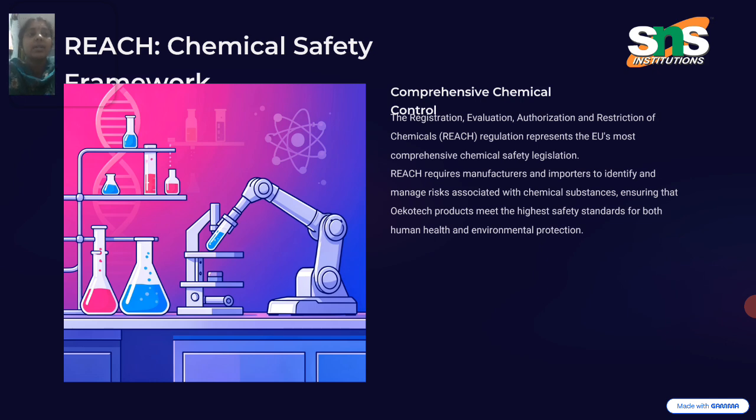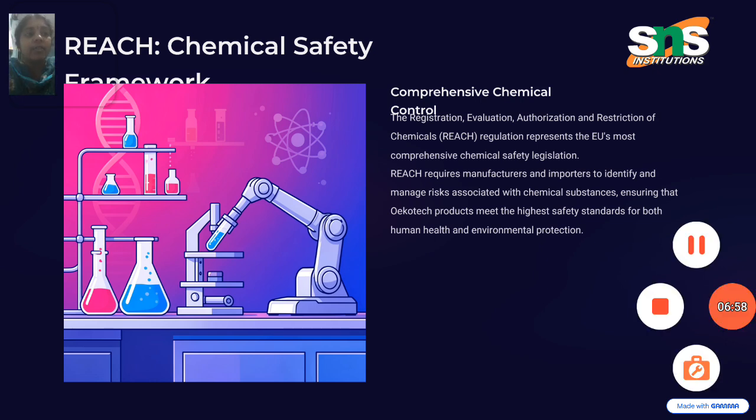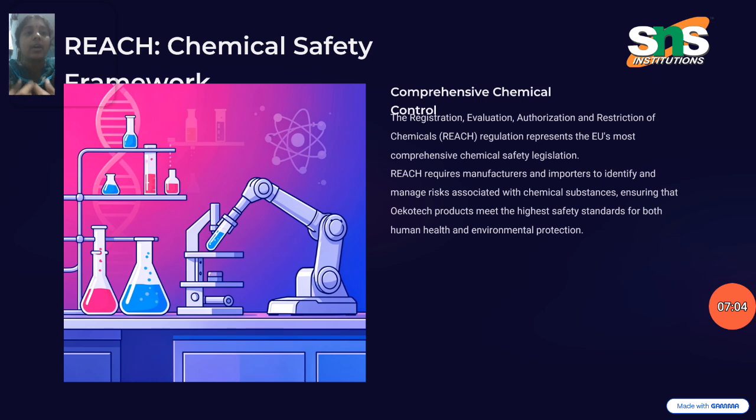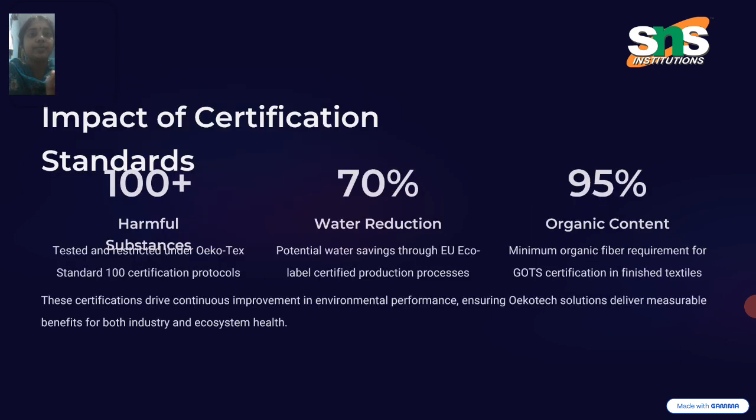If we are using some dyes and chemicals, we need to concentrate on everything to avoid any issues to both humans and the environment. These standards are used mainly to avoid things that cause hazardous issues. To avoid those things, REACH is the main chemical safety framework.